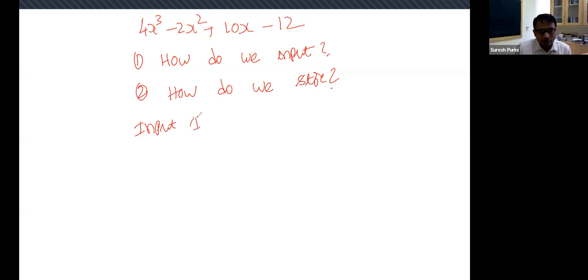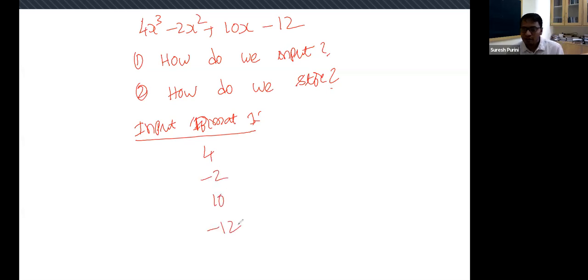Input format one is, for example, you just give the coefficients. You give 4, minus 2, 10, minus 12. This is one way of doing it. And how do we store it? What is the storage structure that we use?